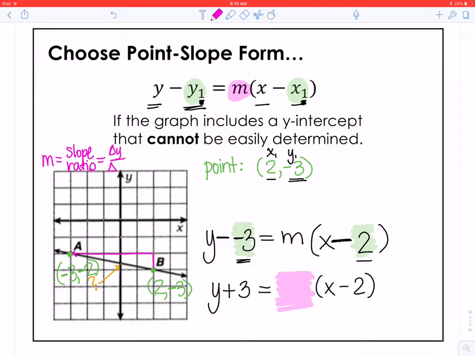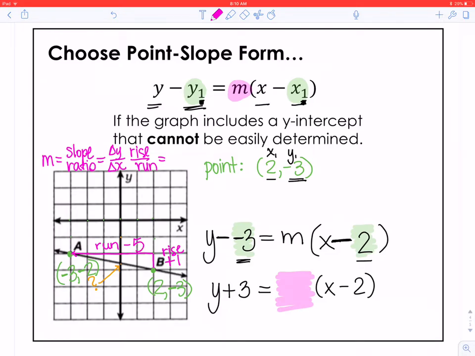And so you're thinking and counting on your grid your rise over run. So from point B to point A, from one nice neat point to the next, we had to go up 1, so increase by 1. And then we had to run to the left, so a negative direction, running to the left a negative 1, 2, 3, 4, 5 to get to point A.